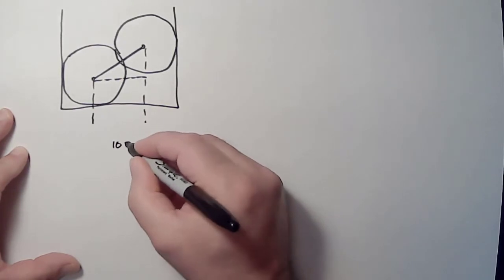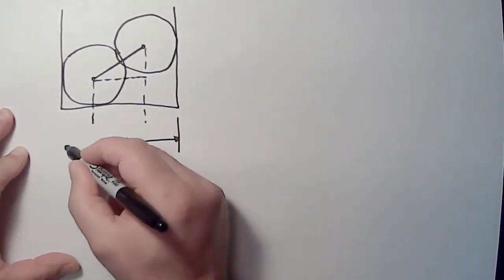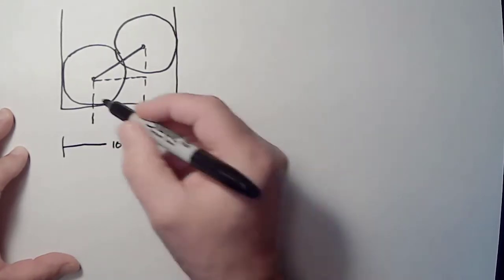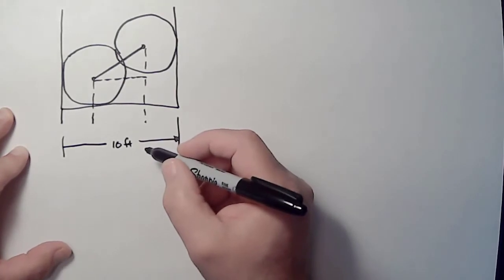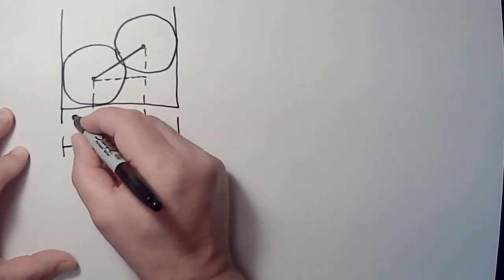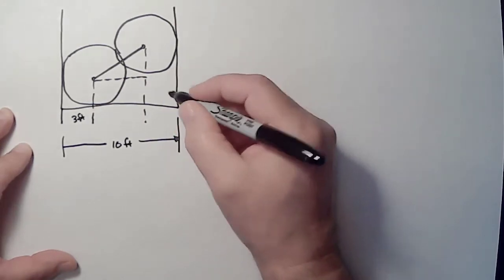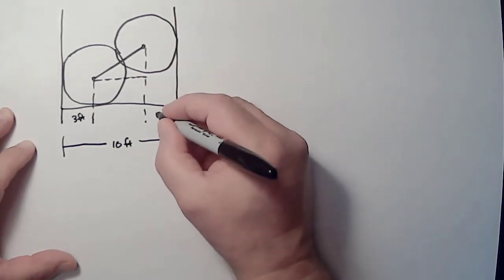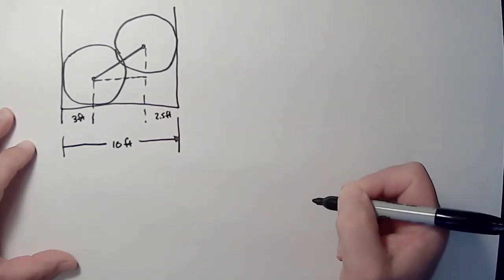I can see this distance is 10 feet. The radius of roller A is 3 feet, half of 6. And the radius of roller B is 2.5 feet, half of 5.